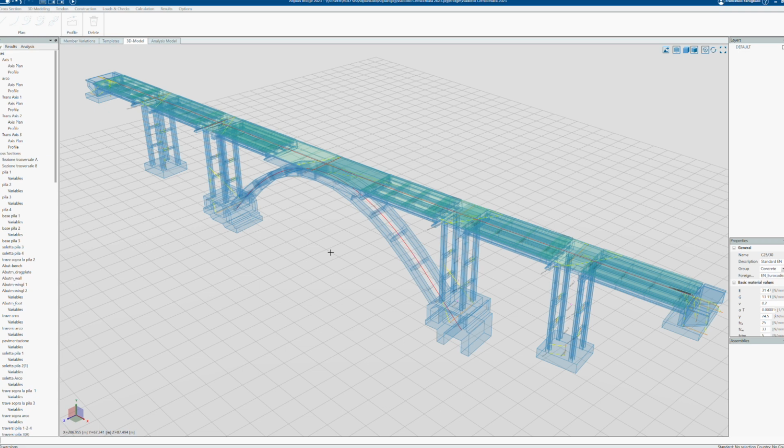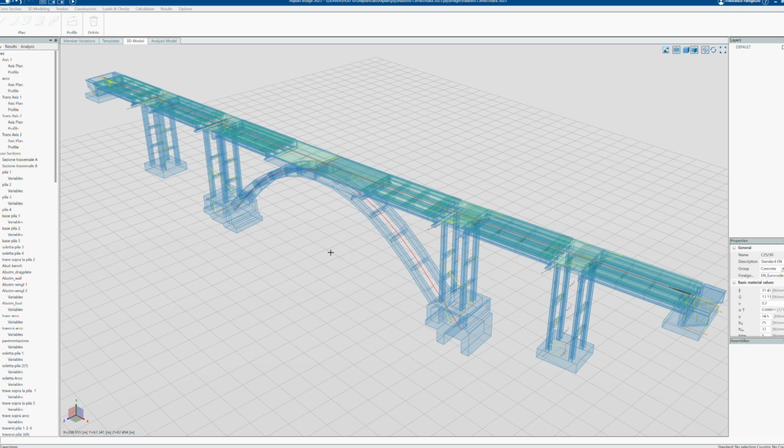Now, the numerical model that was produced heavily influenced all successive elaborations, as it allowed us to examine the structure from every single point of view.